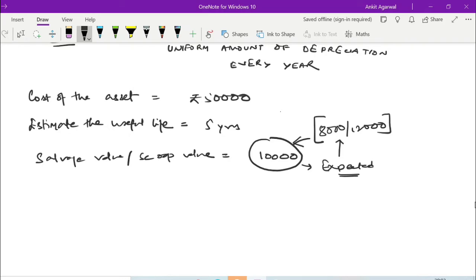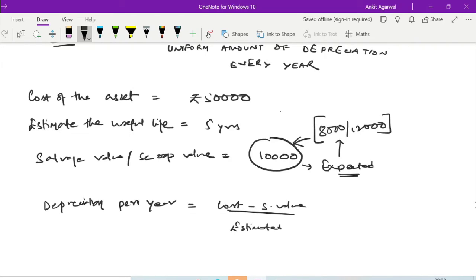That's purely an expectation. Now, to calculate the depreciation per year, the formula will be cost minus salvage value divided by estimated useful life, which in our case becomes 50,000 minus 10,000 by 5, which comes to 8,000 rupees every year.